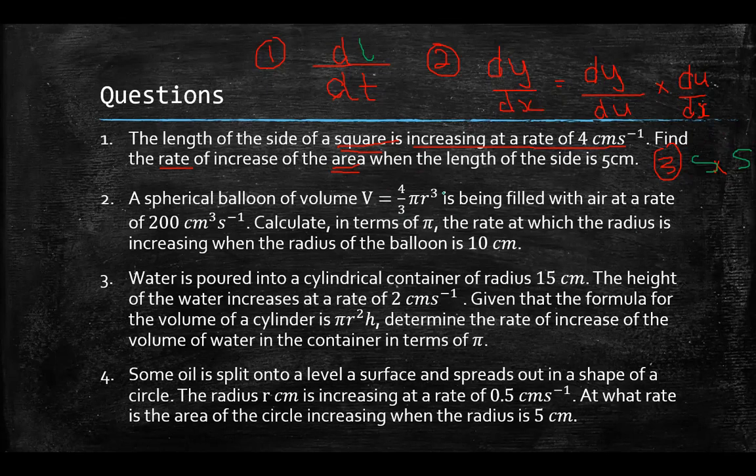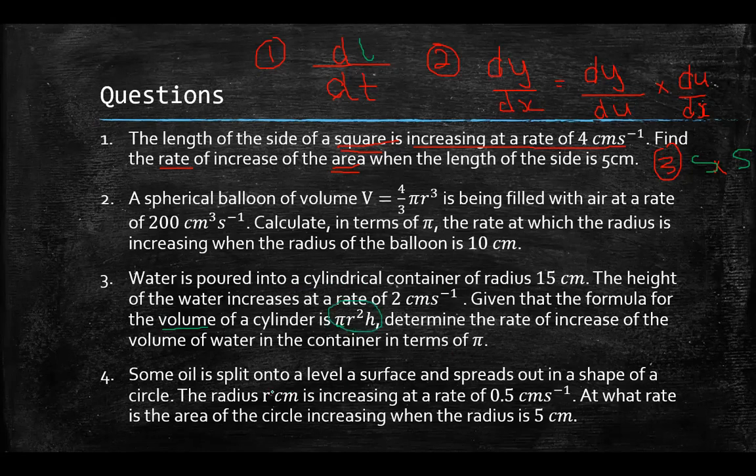Down here, just look down here for a second. They told me a spherical balloon of volume this, right? So this is the formula that I would be using for the volume of a sphere. For this one, they talked about a cylindrical container volume. So I need to know the volume of a cylinder.